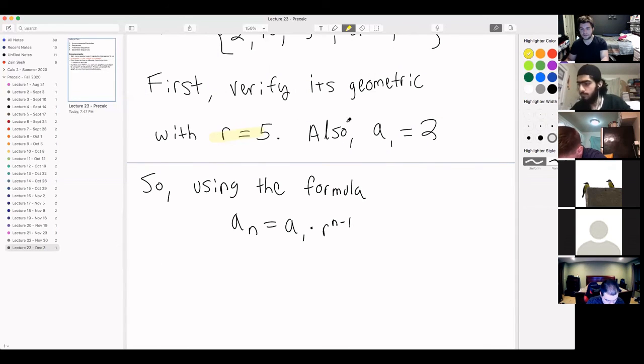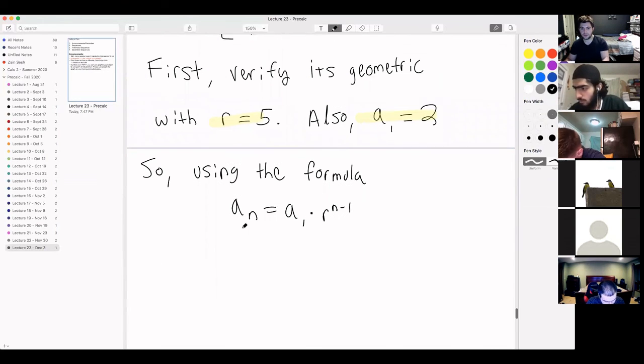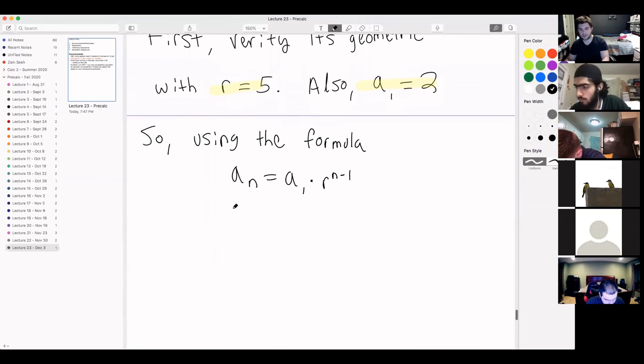R is 5, and a1 is 2. So a sub n is equal to 2 times 5 to the n minus 1 power. I just substitute in my values for a1 and r.